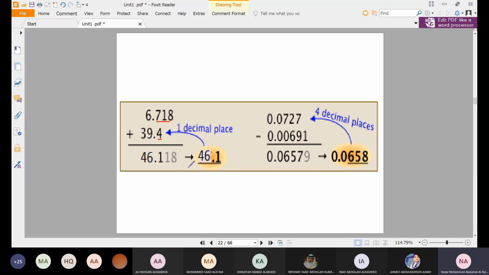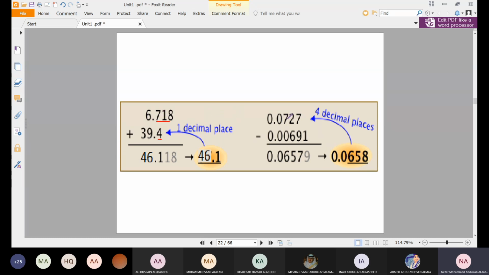So the final result should be approximated to a single decimal place. So the representation of the answer, if we have subtracted or added, should have the minimum number of decimal places contained in the numbers that we added or subtracted.